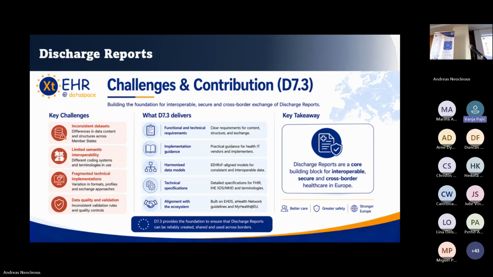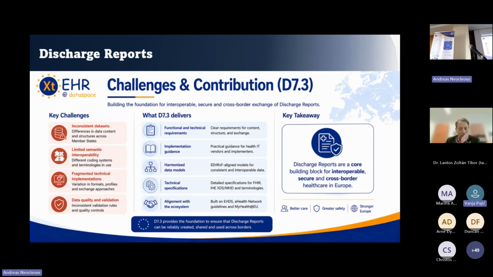The reason for this was that we wanted to end up with something that is as easily implementable as possible across the member states, not overburdening the member states and the healthcare organizations too much. However, we did map out a lot of things that were left out, and there's probably a clinical need to implement these things as well.